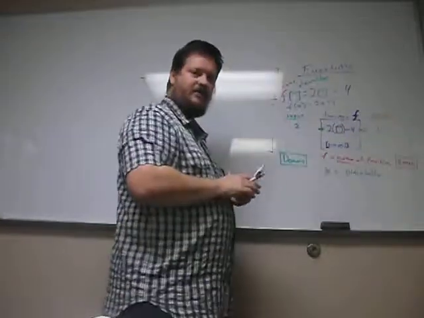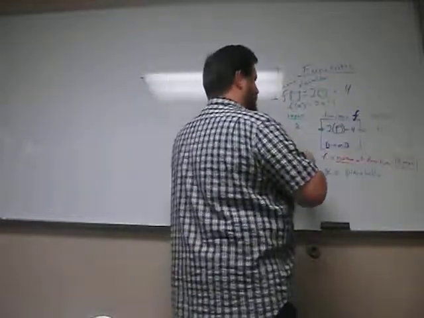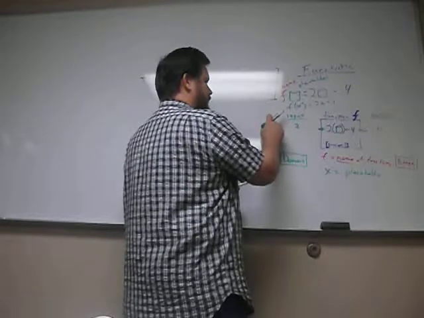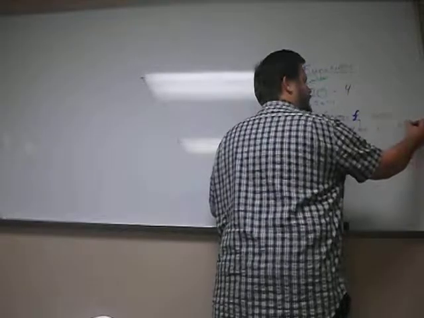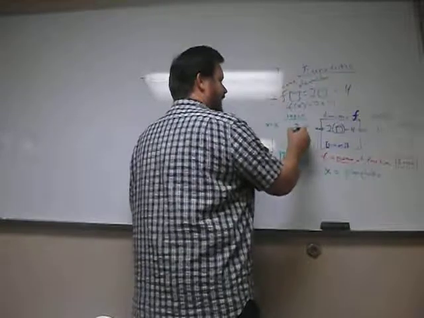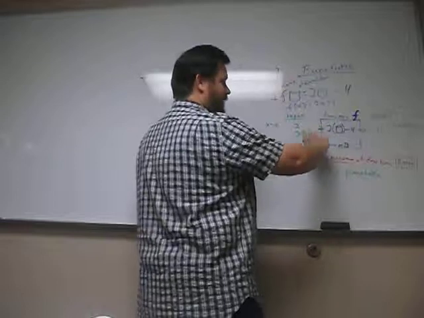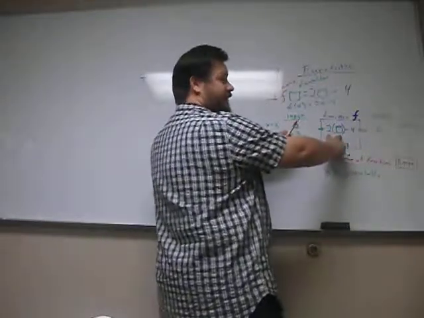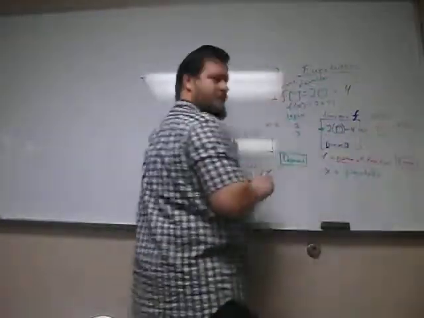What this means is that when I plug in an x of 2, the f of 2 is 0. If I plug in a negative 3 into function f, I multiply it by 2, that's negative 6, minus 4 is negative 10.